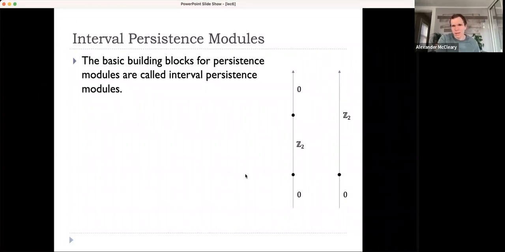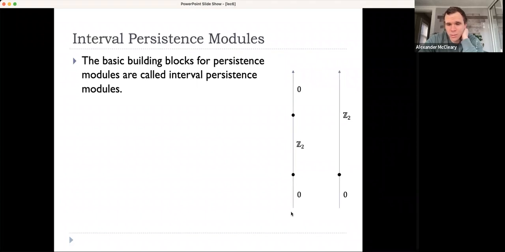And so what they look like is on the right here. I've drawn two of these persistence modules. They're always going to be 0 up until a certain point. At that point, let's say we're using Z mod 2Z coefficients here, so our field is Z mod 2Z.